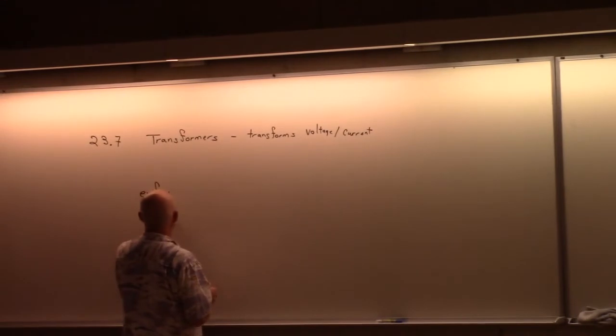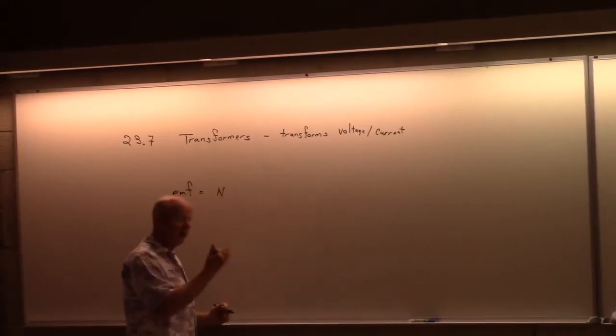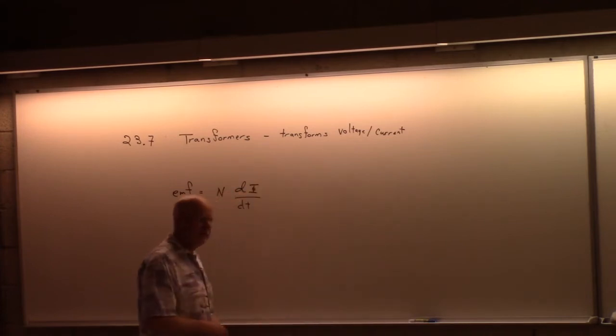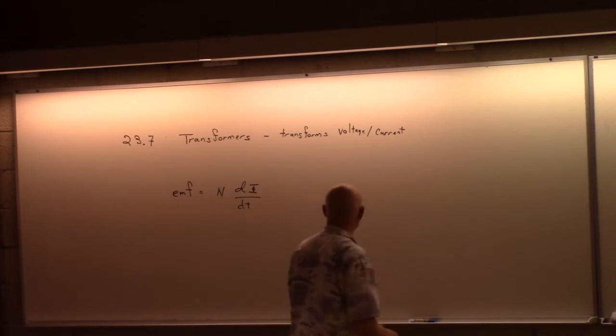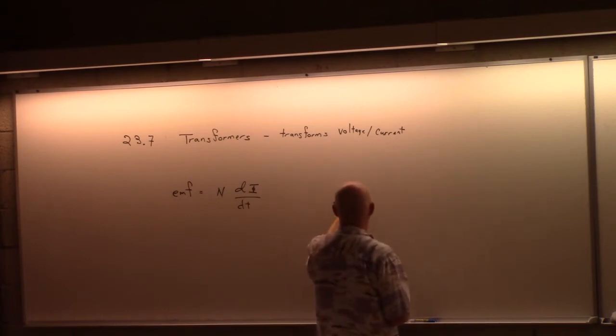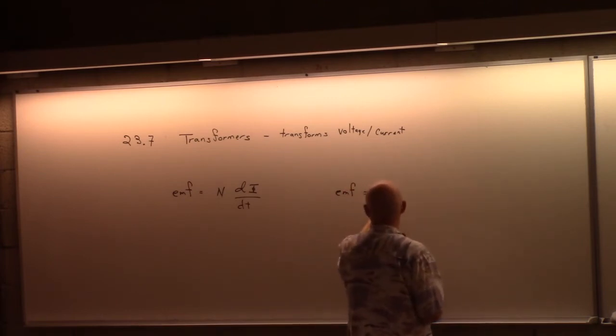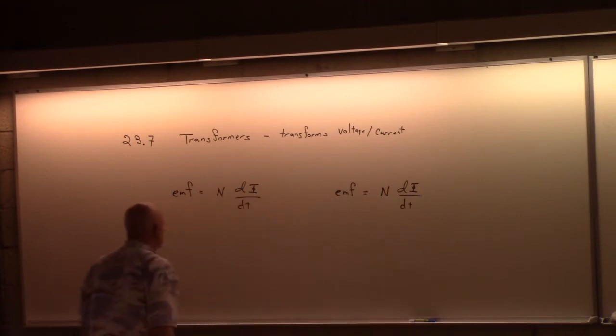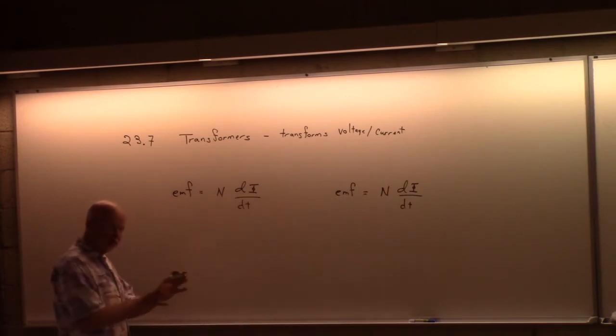The EMF is equal to, again, the number of turns times the change in the flux. Let me write this equation twice. And to keep track of the two, let me do a little notational change.